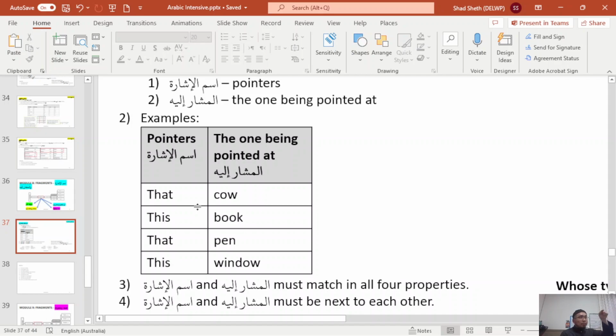You add alif lam into it. So instead of saying dhalika qalamun, which is that is a pen, you will say dhalikal qalamu, that pen. The is disappears because now it becomes a fragment. I mentioned before, if something is a fragment, there's no is in between the words. Remember that? So that pen, dhalikal qalamu.